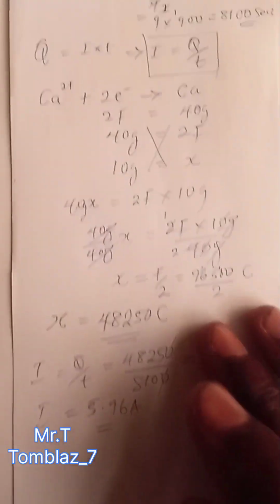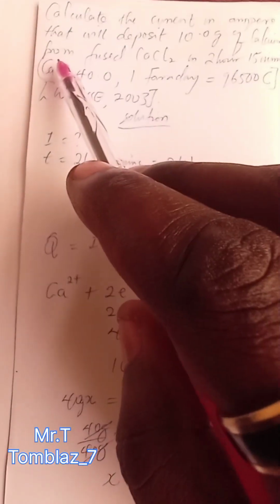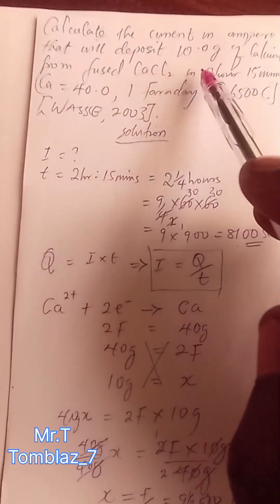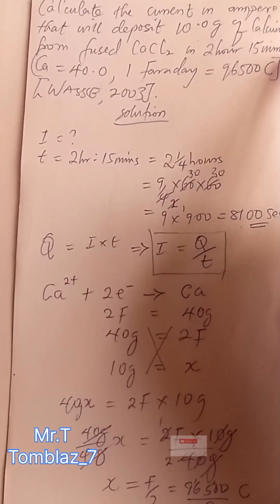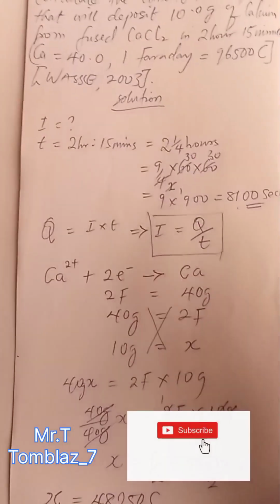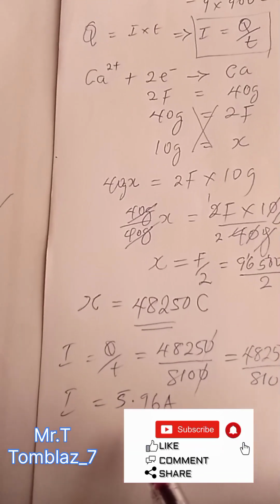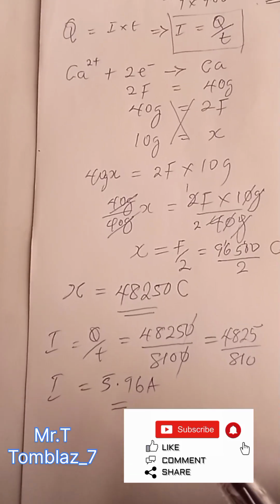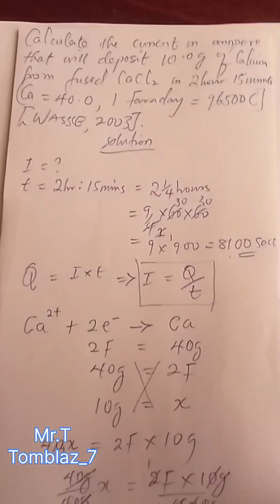So what this answer means is that when 10 grams of calcium from fused calcium chloride is deposited in 2 hours 15 minutes, the current is 5.96 amperes. This brings us to the end of this calculation.